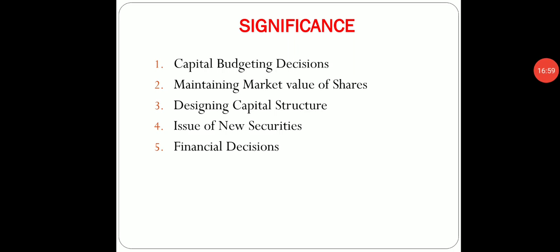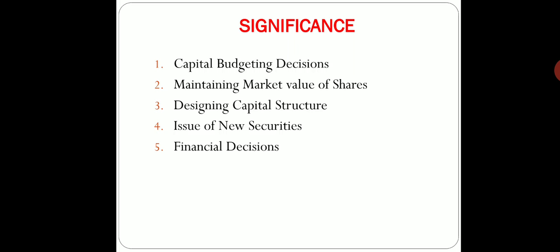The third one is designing capital structure. Yes, capital budgeting and capital structure are interrelated. When we are thinking about capital budgeting, we are definitely preparing the capital structure in another way.